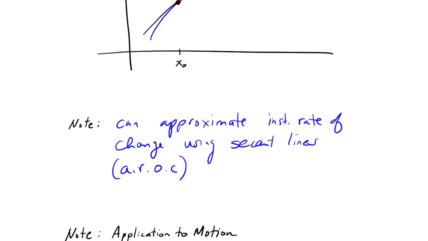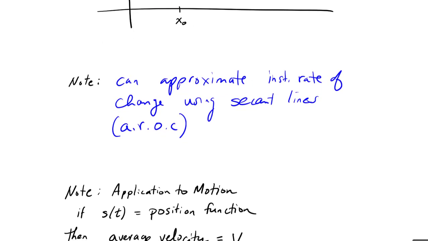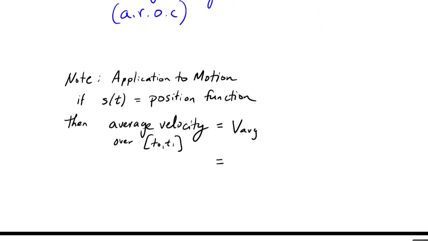So in order to get the idea of what we're talking about, sometimes it's good to think about calculus in terms of the physics related to it. If we're talking about motion, let's say s of t is some position function. That just gives the position of some object at time t. S is the position. If we're going to talk about change of position, well, that's velocity.